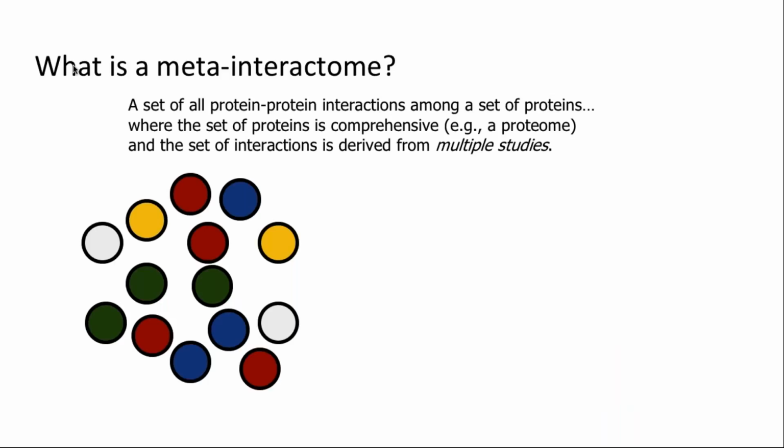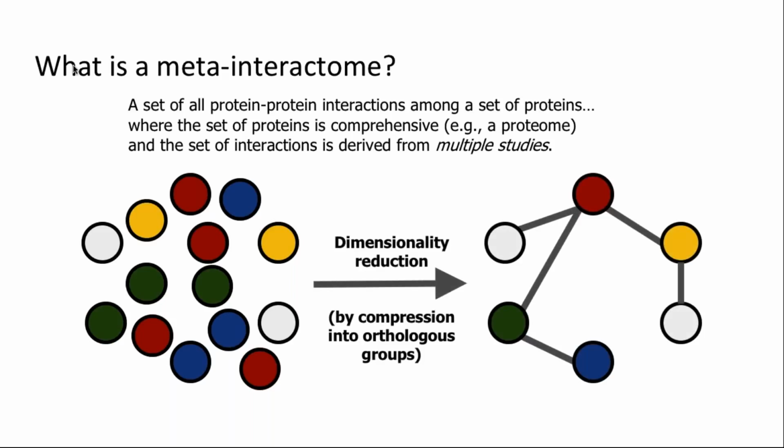So one way that I'd like to think about this, and I introduced this in the last talk, was the meta-interactome. In short, this is just the idea where if you have a set of all the protein-protein interactions, or your interactome, in a given area, then in many cases you want to get the interactions from multiple studies, from multiple organisms, from multiple sets, and essentially just compress them into a smaller network where you have something similar and you have these larger, more compressed nodes.